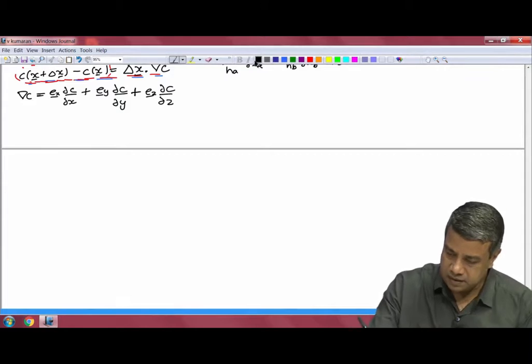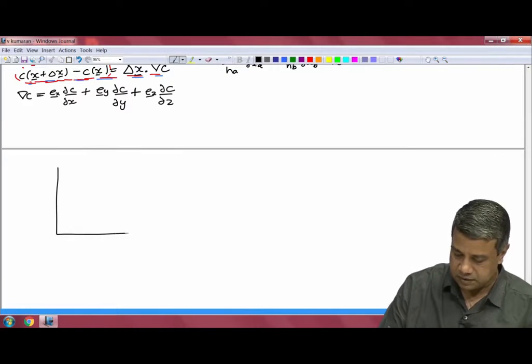And I had derived for you the integral relation for the gradient.